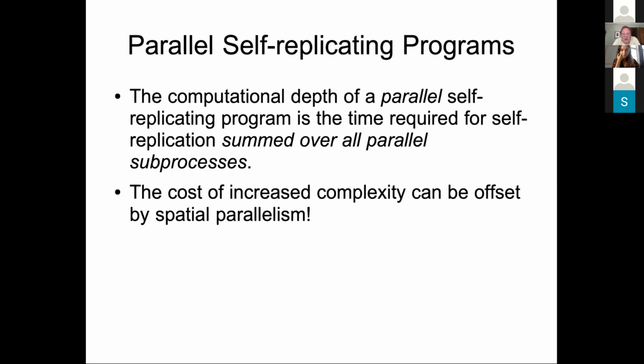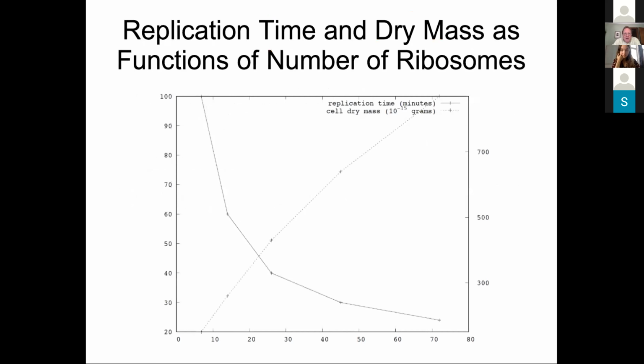We can have organisms of increased complexity, and they can have greater fitness because they will replicate in shorter amounts of time, even though they're more complex. And so we can call these things parallel busy beaver quines. That's what I thought this morning when I added that.